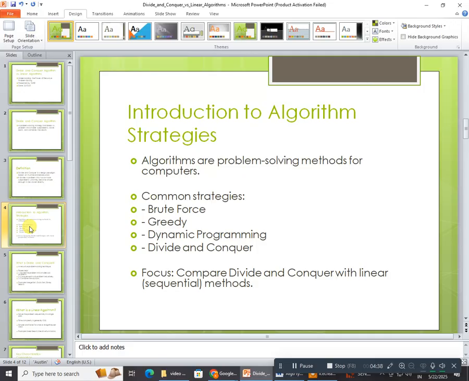And the fourth one is divide and conquer. Divide and conquer, which I have already explained, is the topic that will be discussed today. It means dividing a bigger problem into smaller sub problems, managing them separately and then combining them later on, which is the conquer phase.